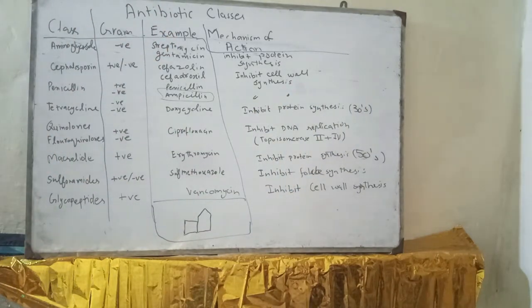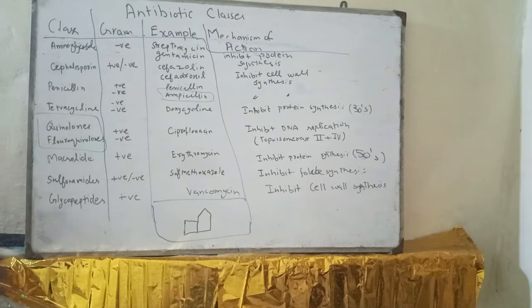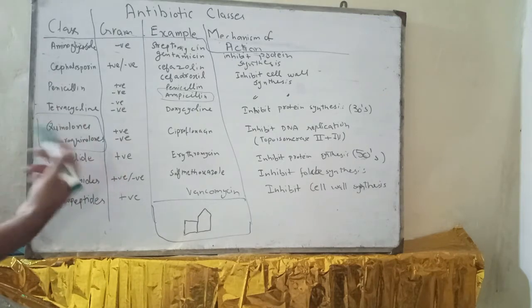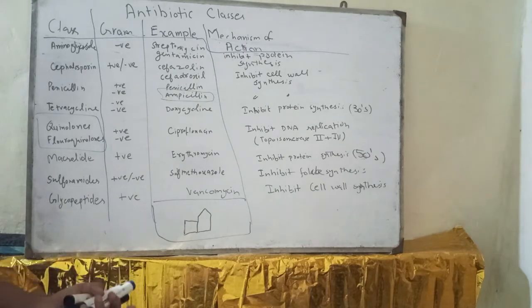The other drug is quinolones, or we can say fluoroquinolones. Both have the same name for the same class. It is effective against gram-positive and gram-negative. In short, we can also say that those drugs that are effective against gram-positive as well as gram-negative are broad spectrum.